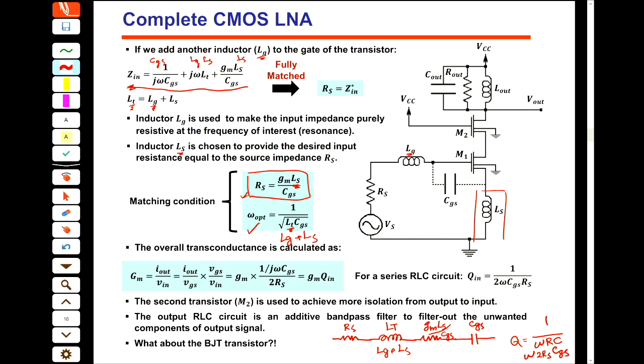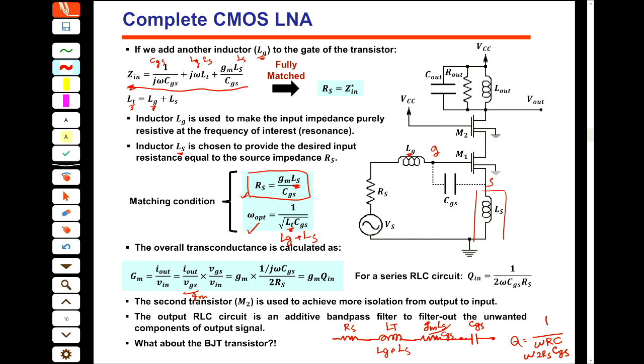If you look at the GM, actually GM is I out divided by V in. And this I out divided by V in, I can say that is I out divided by VGS, which is the small gm, and VGS divided by V in. So what is the VGS? This is G, this is S. So VGS is the voltage across this capacitor.